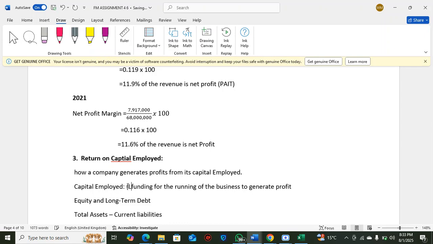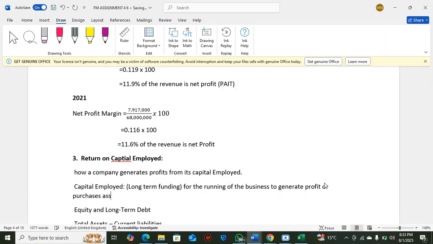It's not short-term. It's long-term funding for the business to generate profit or to purchase more assets or make investments. That is what capital employed is.